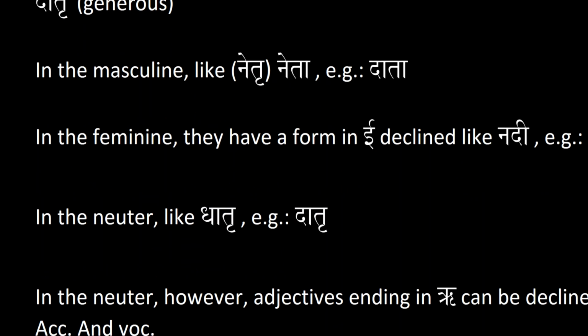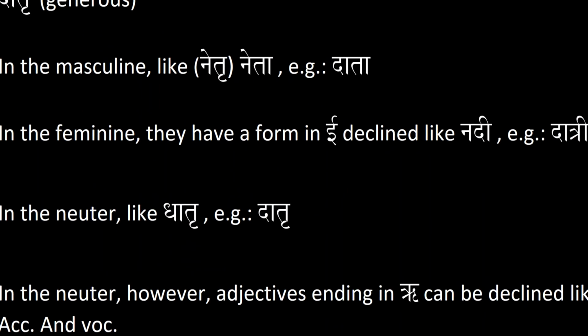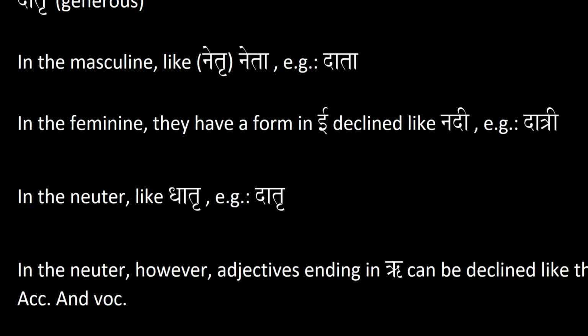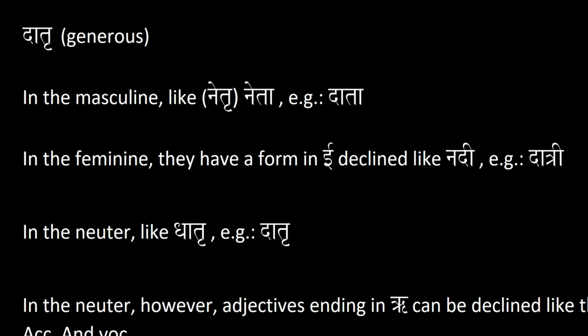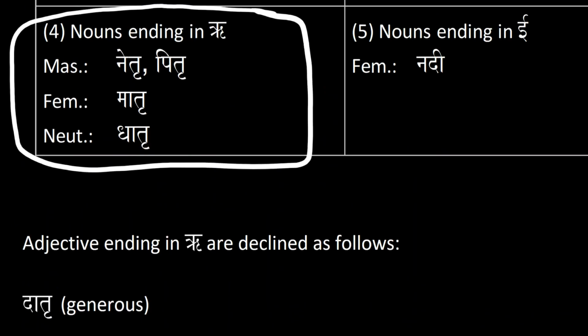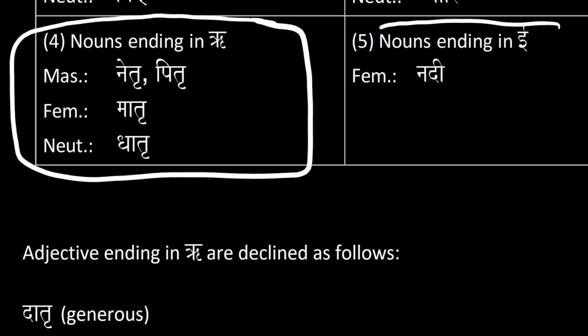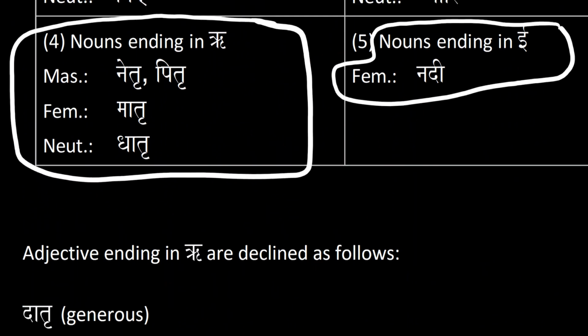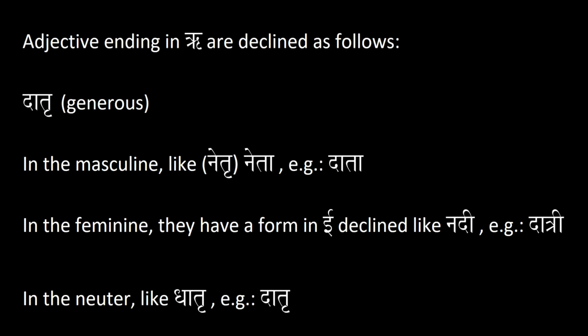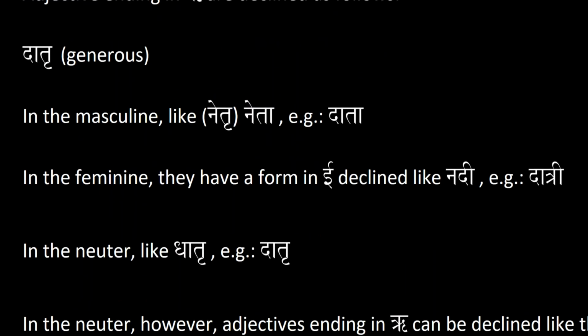But in the feminine, the way you can distinguish it is that they have a form in long E, and after making that form in long E, you would decline it like nadi. So we will be declining it like nadi in the feminine after you put it in that form.